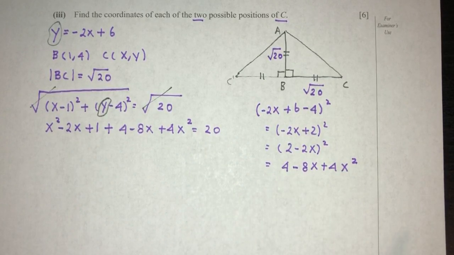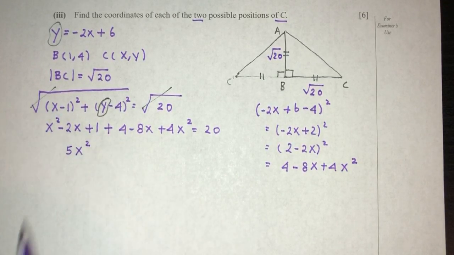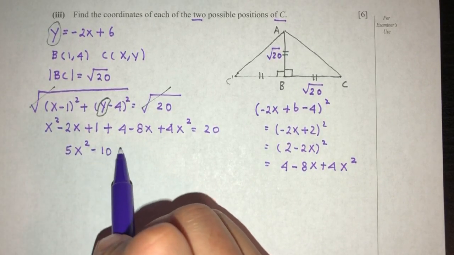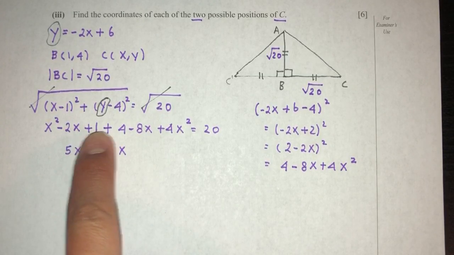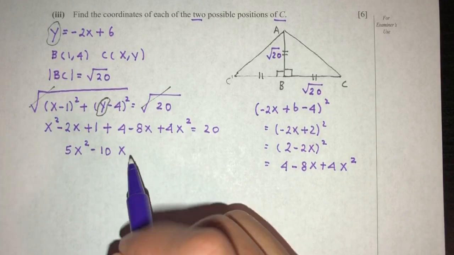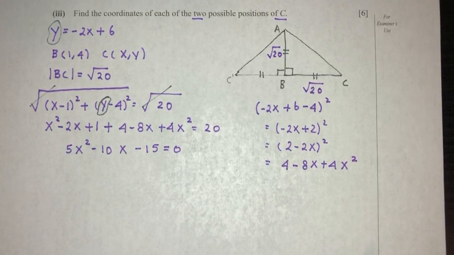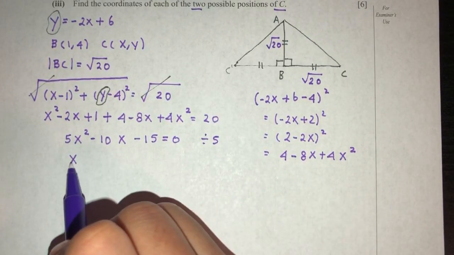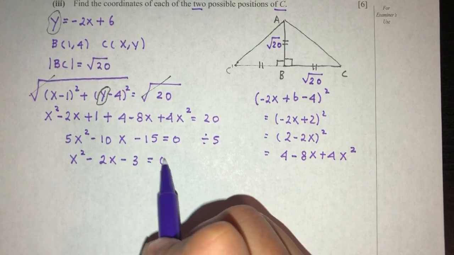Here we have this plus this, that will become 5x squared, and then we have minus 10x, and then we have 1 plus 4 is 5. 5 minus 20 is minus 15, equals 0. So we have an equation. We have to simplify first. Divide by 5 everywhere, you will have x squared minus 2x minus 3 is 0.